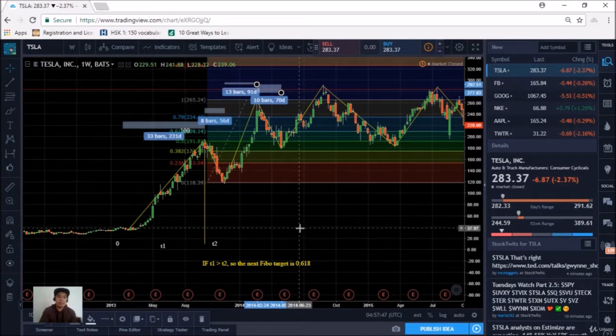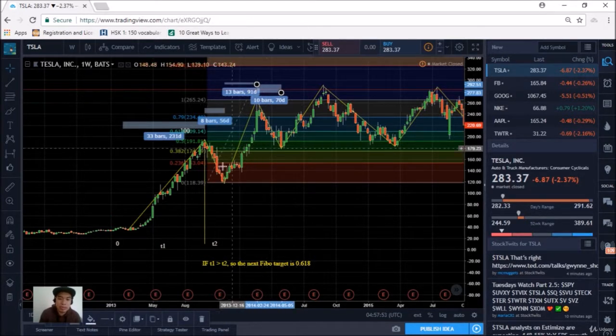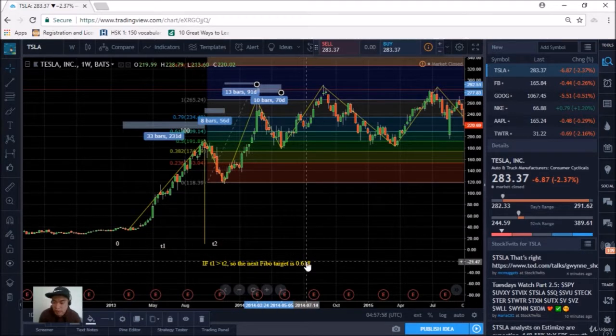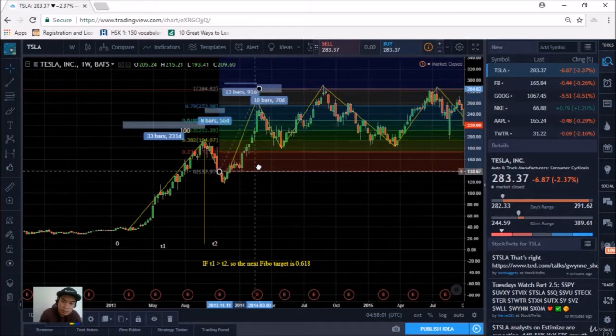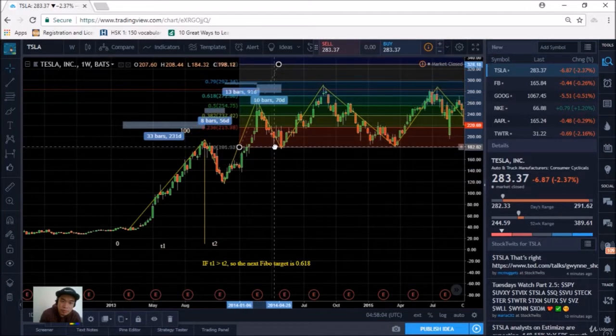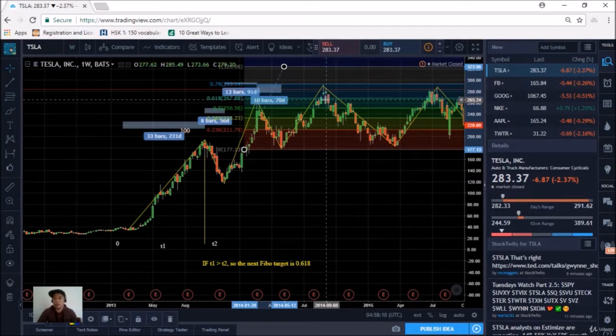Now you can see that this rule still applies, which is T1 more than T2. So the next target should be 0.618, so you move this up. What you can see is that it hit its target again.